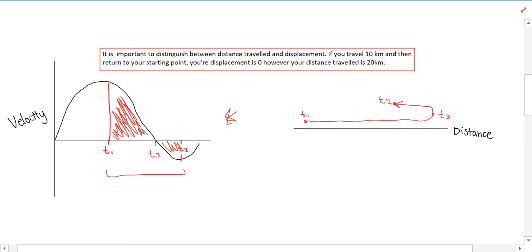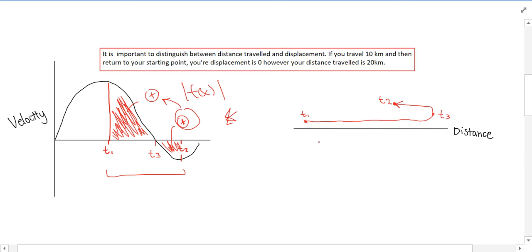However, because this area is below the x-axis, it would be negative, and this area is positive, which means the area below the x-axis takes away from the total, giving us the displacement. That's why, when we're calculating total distance, we have to take the absolute value. So if this function is f(x), we take the absolute value of it, which makes this part positive too, and that gives us our total distance.